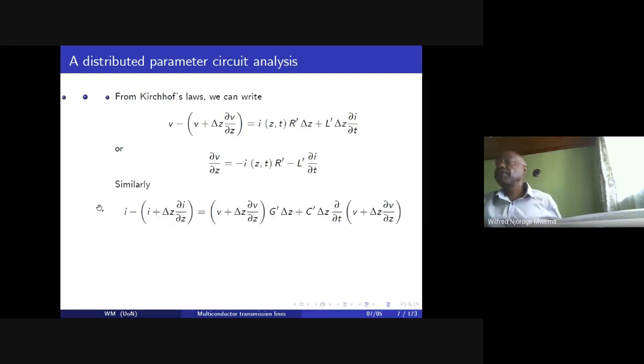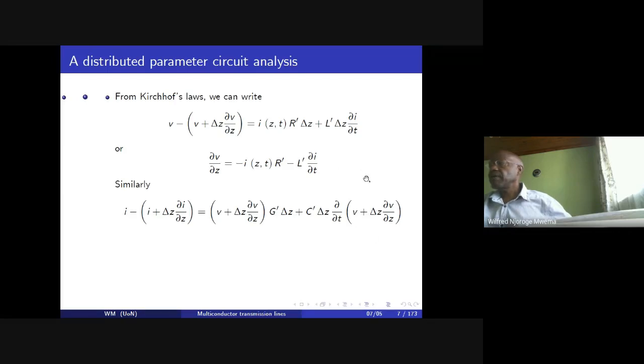And similarly for the current, we can write I minus I plus delta z dI/dz equal to V at the sending end multiplied by the total conductance at that point, plus the displacement current, which is the total capacitance multiplied by the rate of change of the voltage at that sending end.